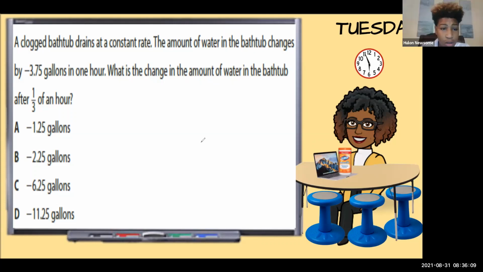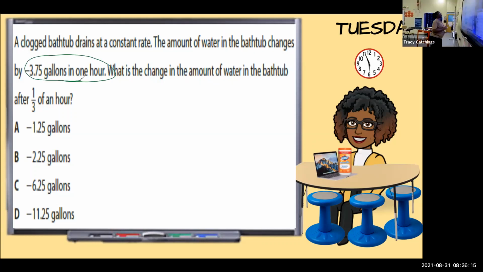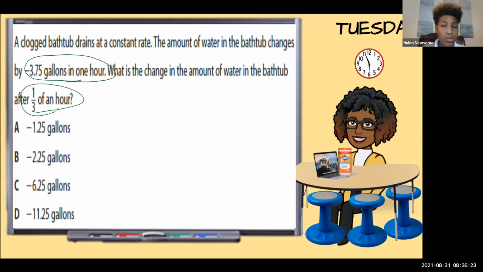Division. We got change in an hour. And what was the change in the bathtub after 1/3 of an hour? 0.3 and then keep repeating. I'm still waiting because I doubt that's a division problem.